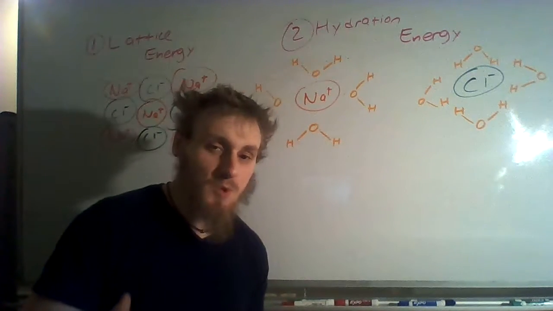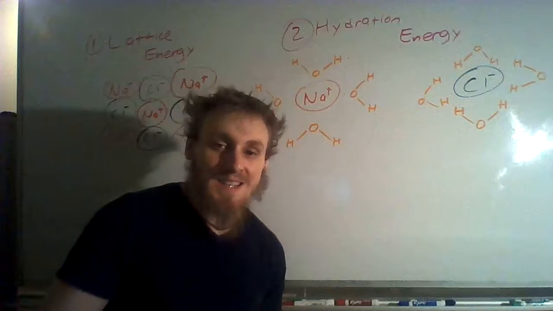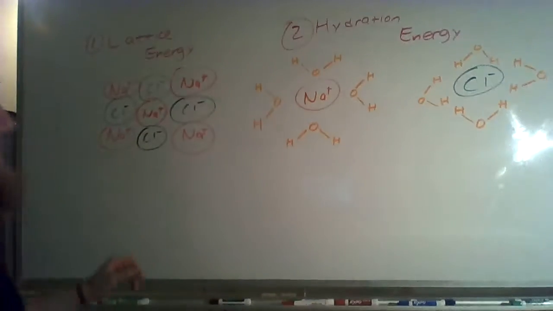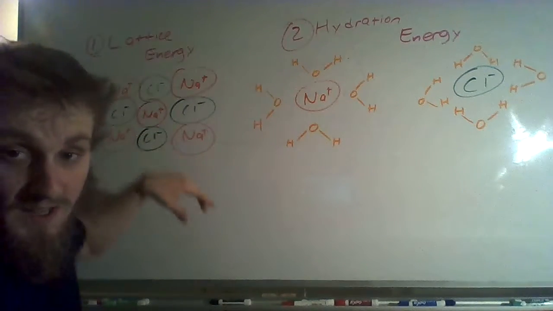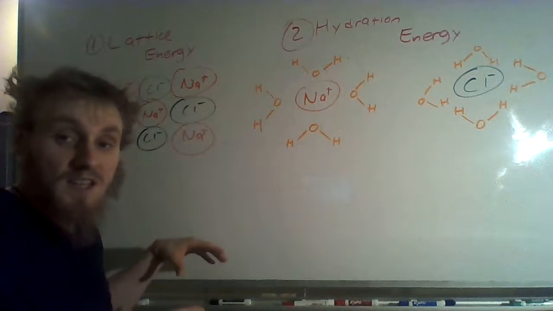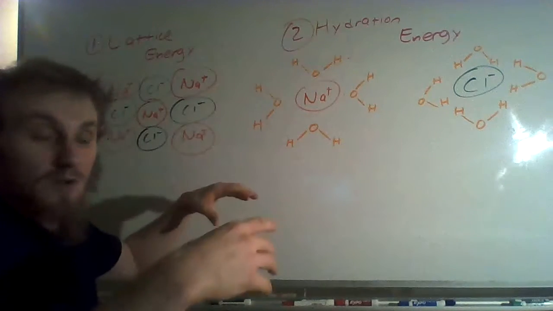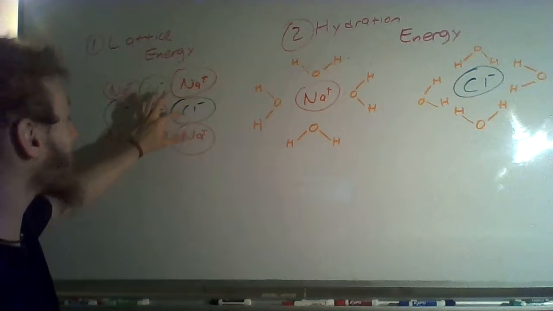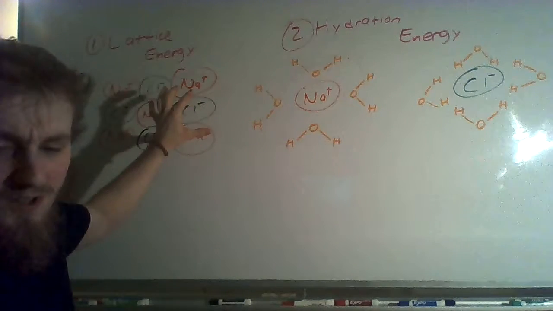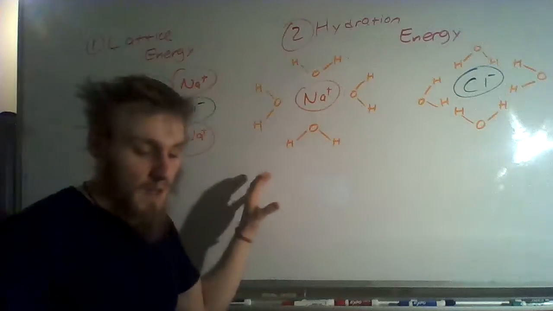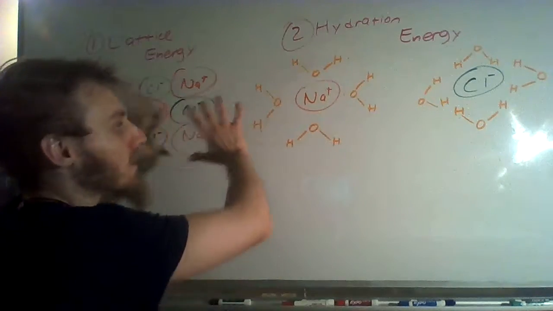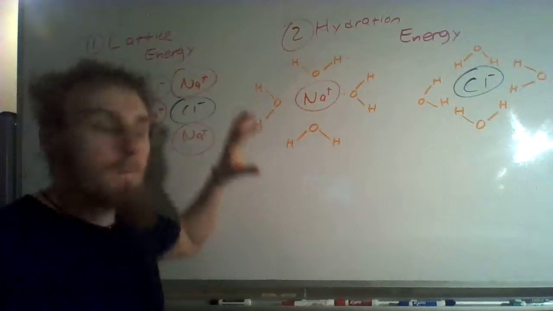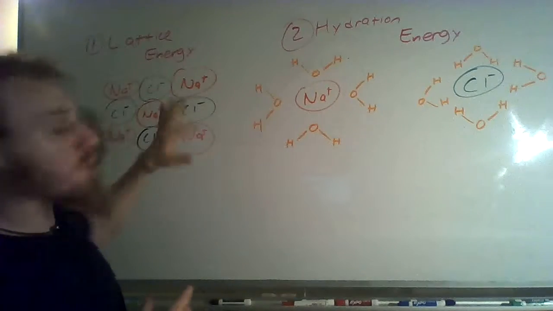In order to conceptualize what a lattice is, let's take a look at this little drawing I have here. We have sodium chloride, and notice we have alternating sodium, chloride, sodium. So we have a sodium ion, then a chloride ion, then a sodium ion, then a chloride ion, and this goes on and on. My whiteboard here is essentially a two-dimensional plane, but imagine this in three dimensions.